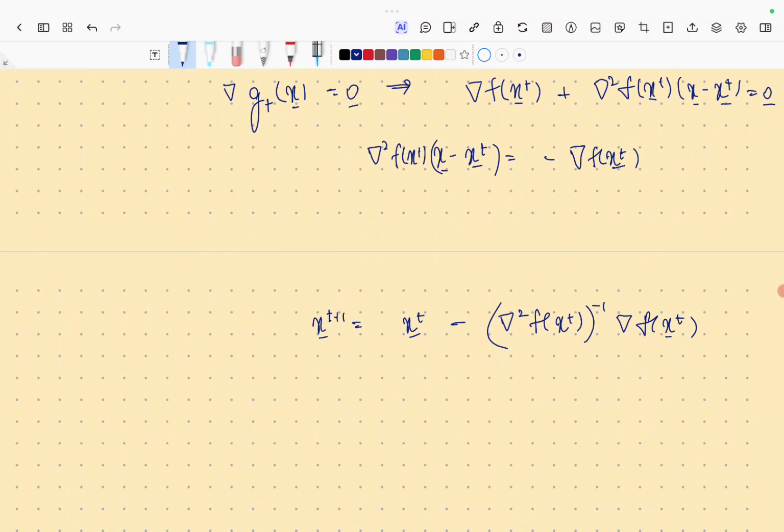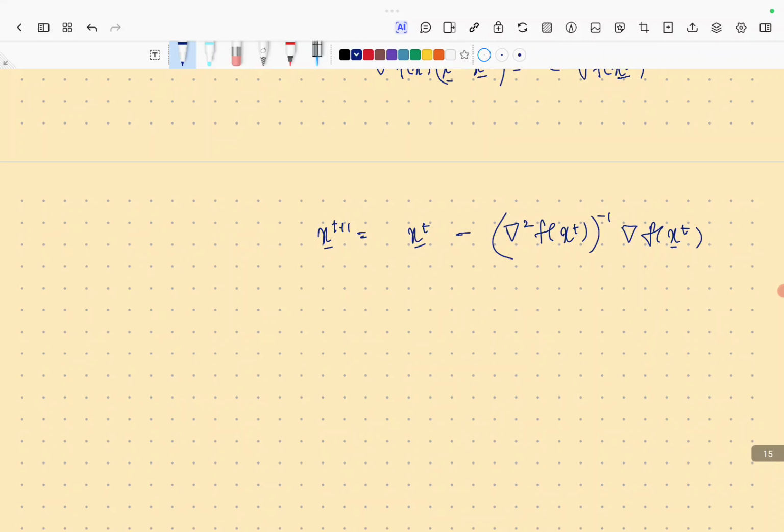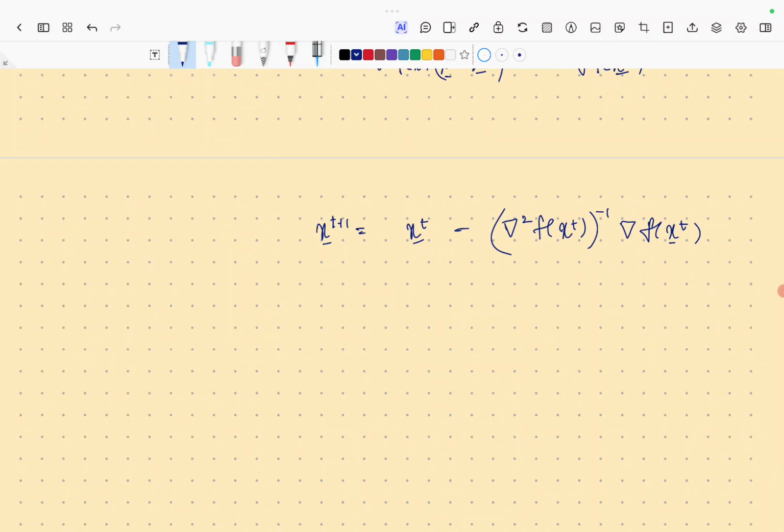So in order to use Newton's method, we need strong conditions on F. The Hessian should exist, but that's not enough. We want the Hessian to be positive definite, so it has to be strictly convex. Okay? If it's not strictly convex, then you can't use Newton's method. Any questions?